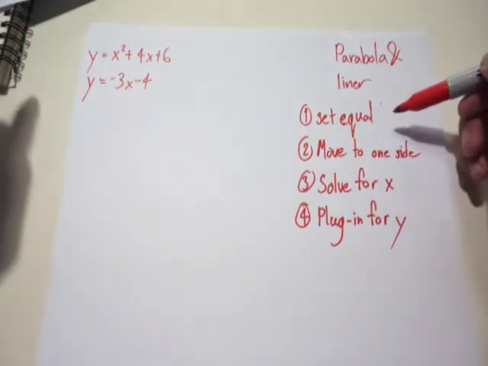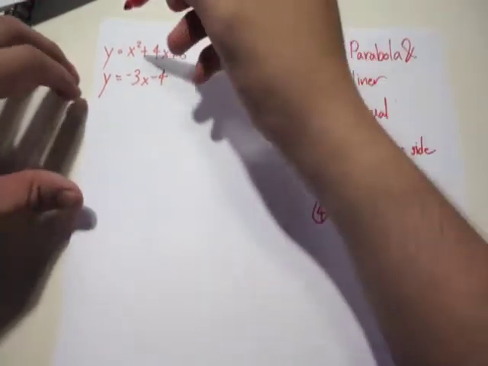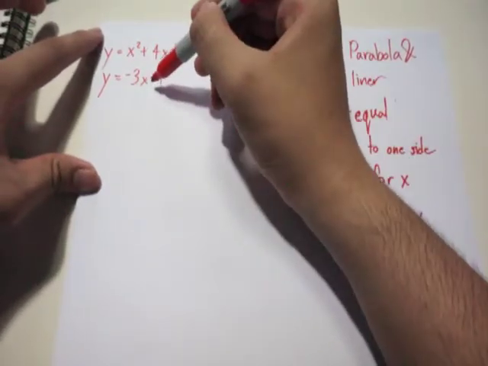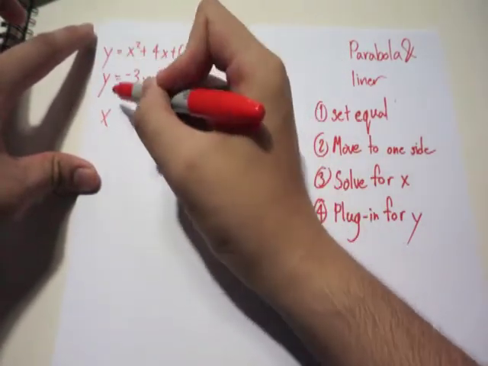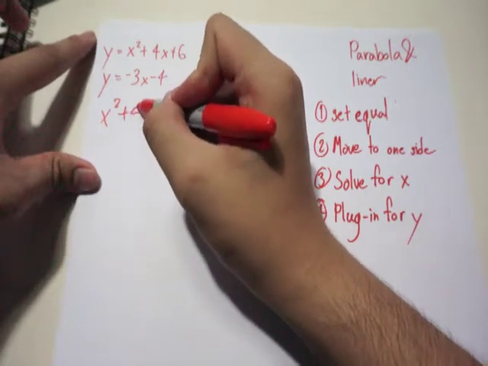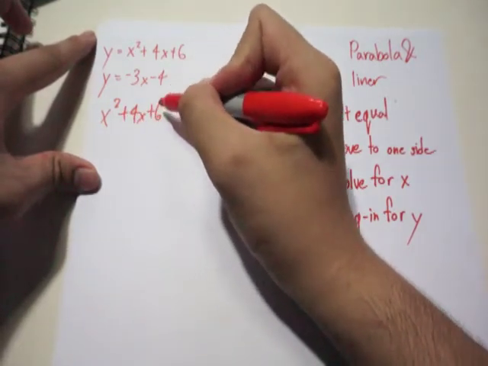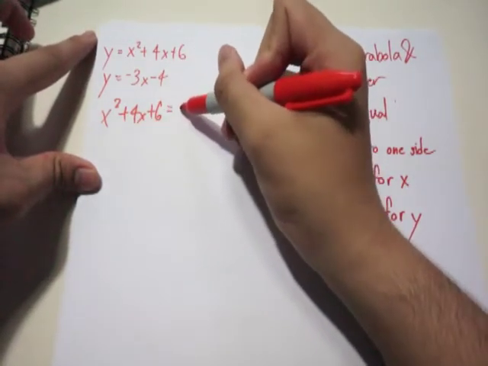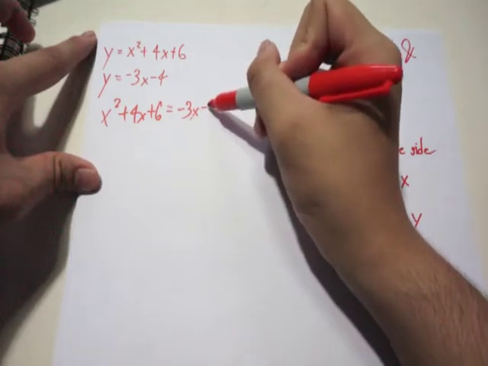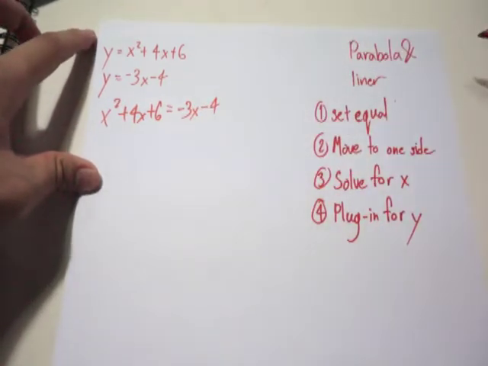First, we're gonna set them equal. What I mean is, this will be equal to this, like this. Okay, we got the first thing done.